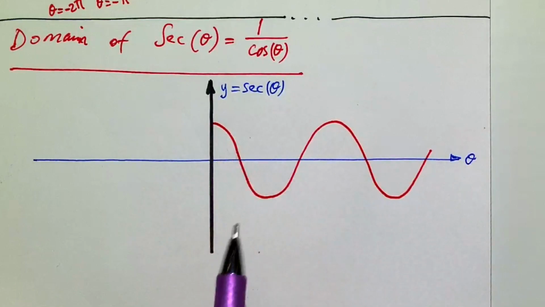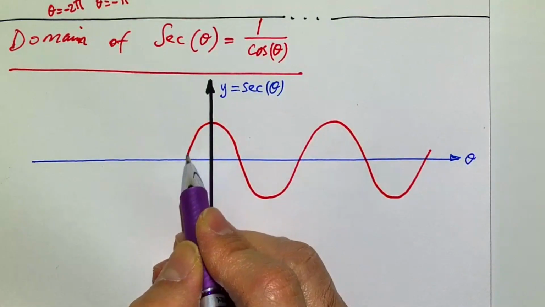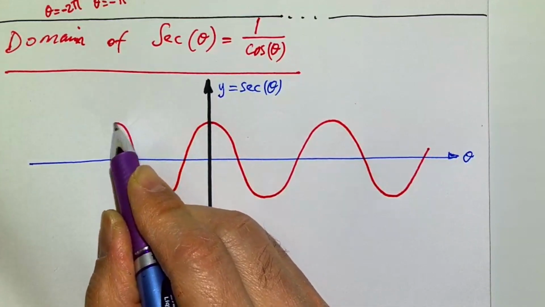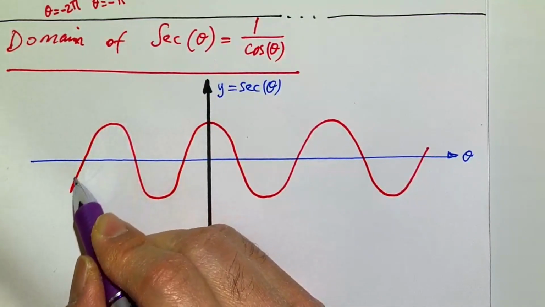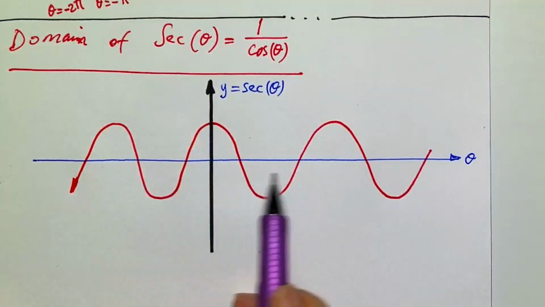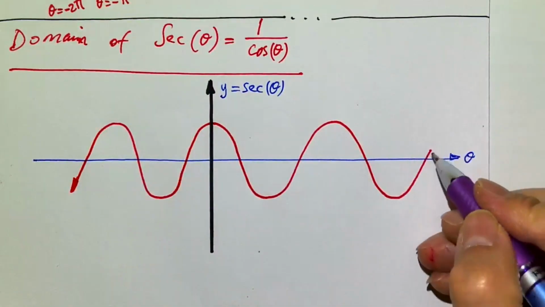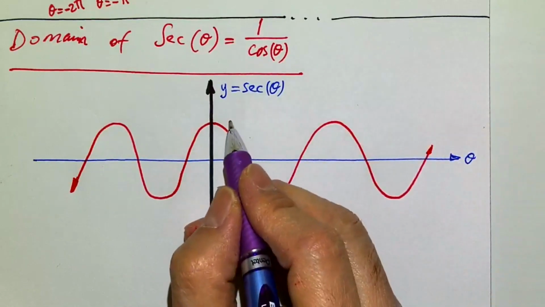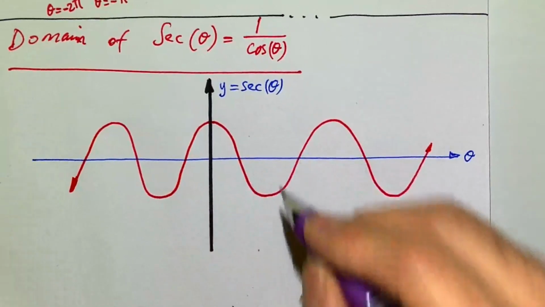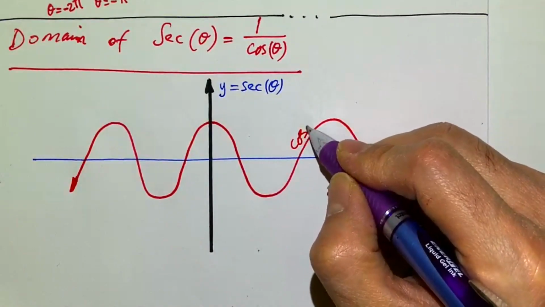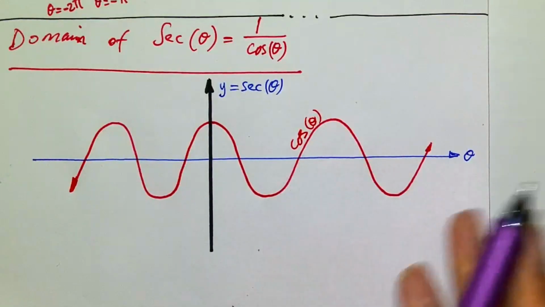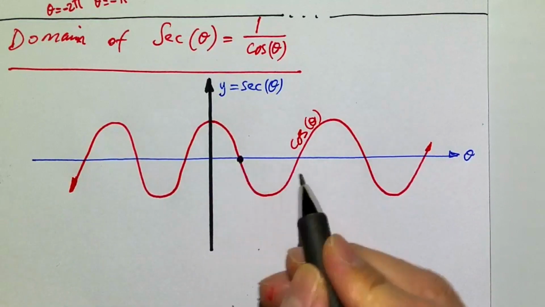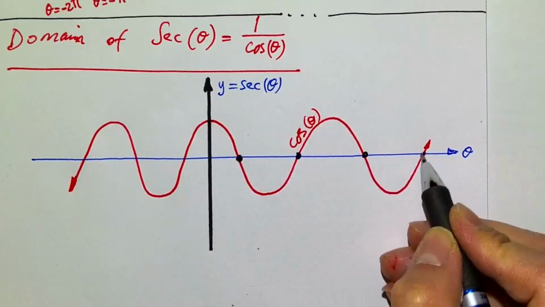On this side also, we'll come down, do this, go back up, come down again, and do that. So wherever you see the cosine, and let me write that here, that this is the cosine of theta function.